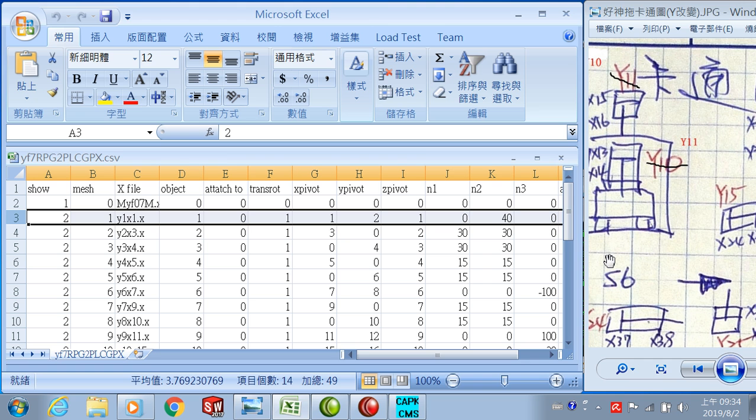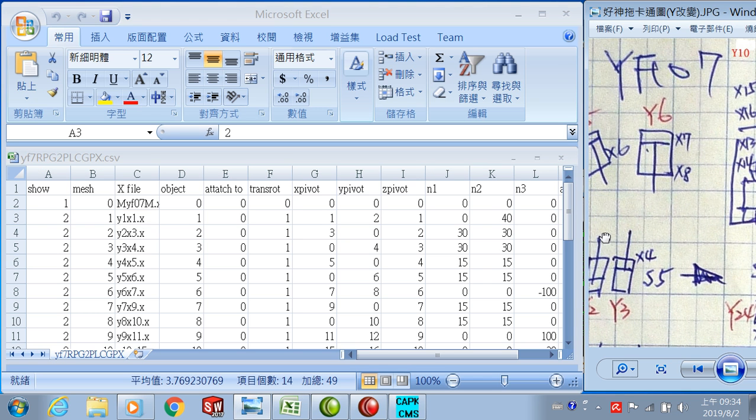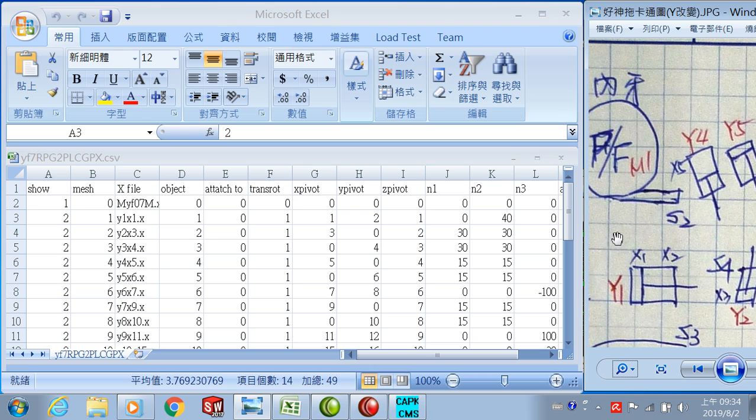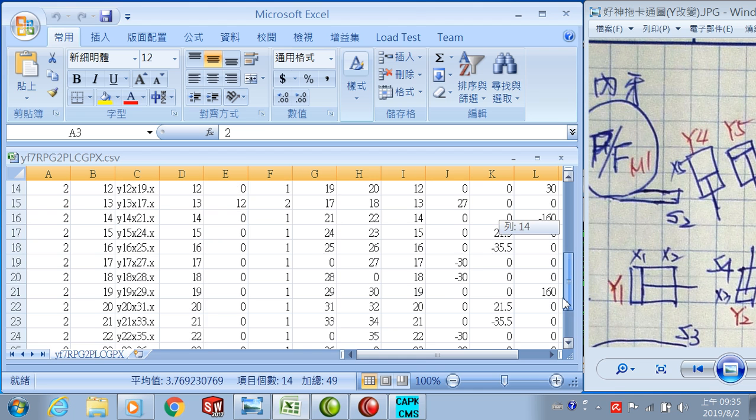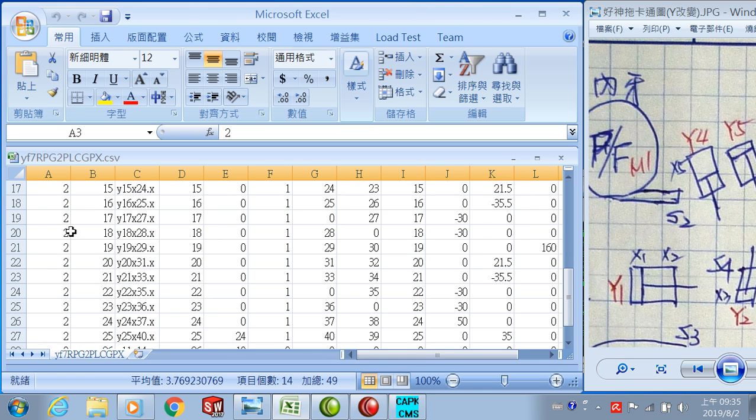Let's see the definition of I/O type 1 and I/O type 2. In the scene CSV file of the mob assembly machine, the column shows O2. The 2 means this is an I/O control object.